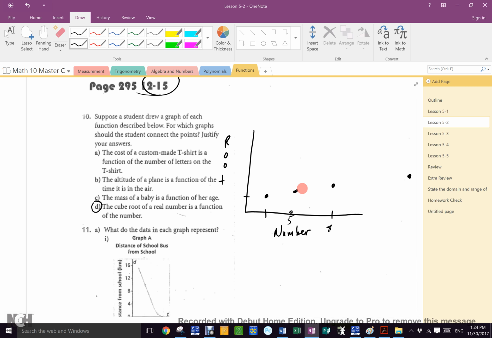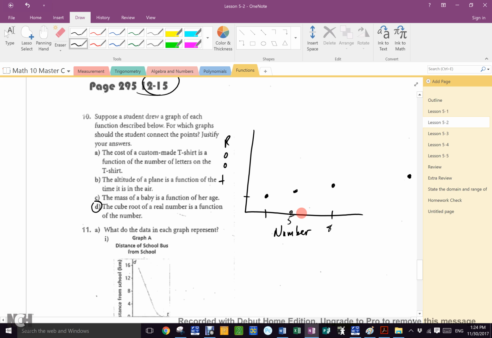So it depends on which way you want to argue this, right? If it's a perfect cube, can we connect the line? Does 5 have a perfect cube root? So there would be no output at 5. So I wouldn't connect the line.